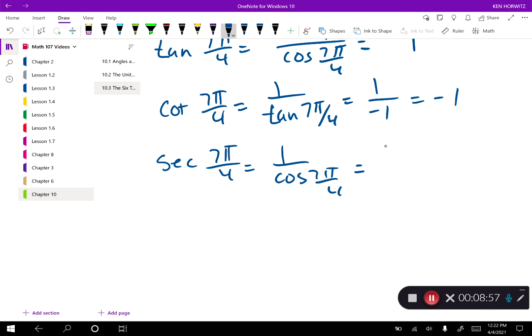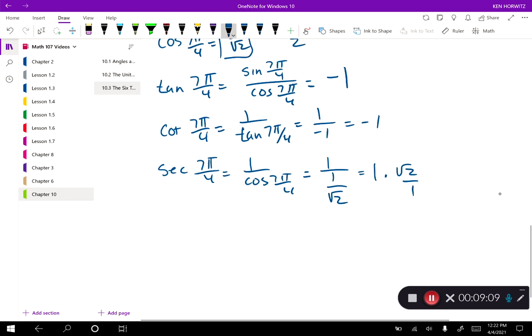Because if I put 1 divided by 1 divided by radical 2, that equals 1 times radical 2 over 1. So my final answer will be radical 2. If you use the rationalized version, you should get the same answer. You're just going to need to rationalize again.